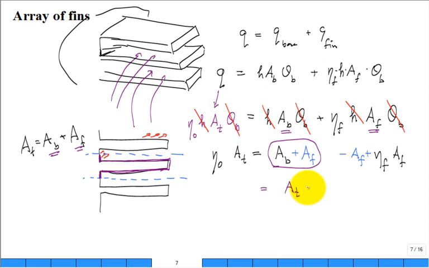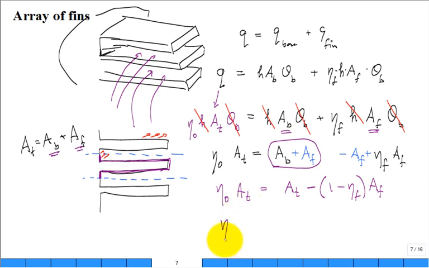And then here I'm going to put minus the fin efficiency, 1 minus eta F times the area of the fin over A_t, the area total. I'm just doing algebra, packaging it up like the textbook packages it.